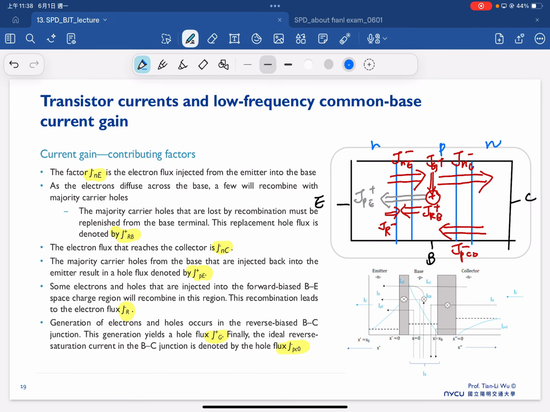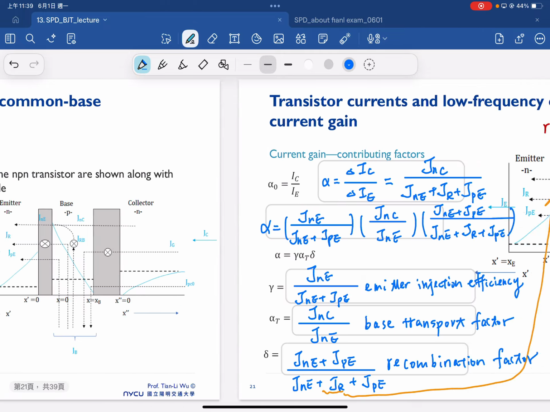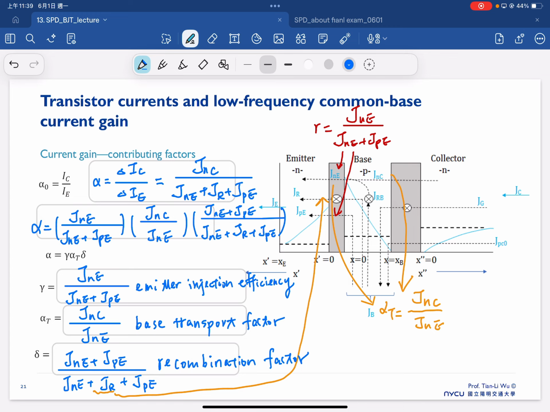To be honest, if a textbook didn't mention it like this, probably we would never be able to understand the contribution in such detail. But just try to think about this and try to force yourself to understand that we indeed have this contributing factor.